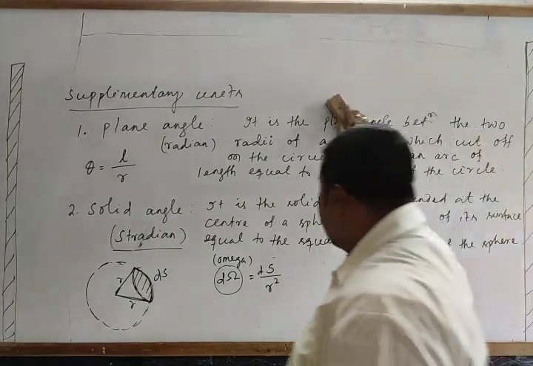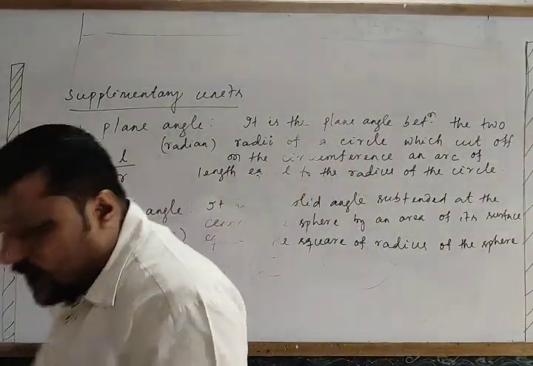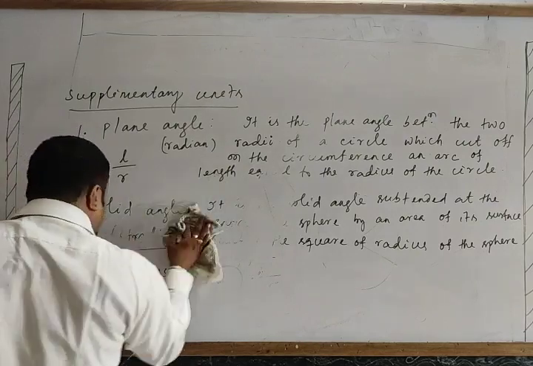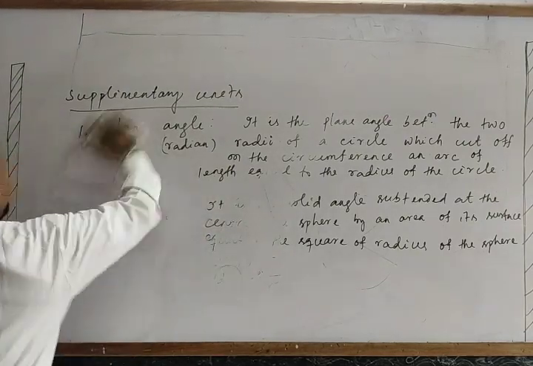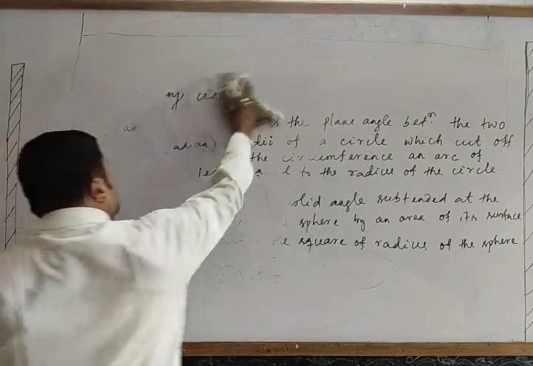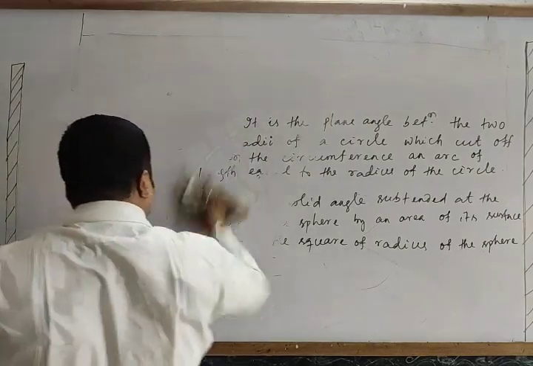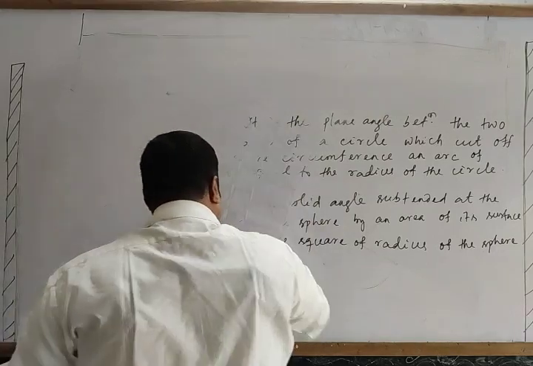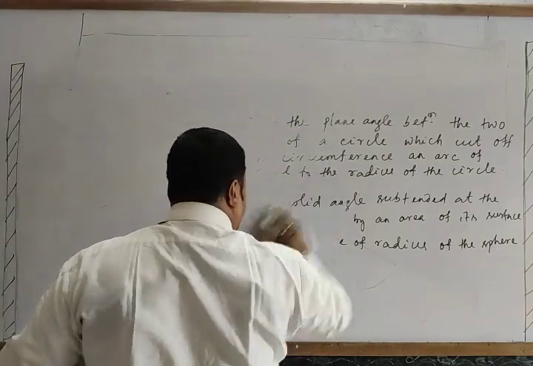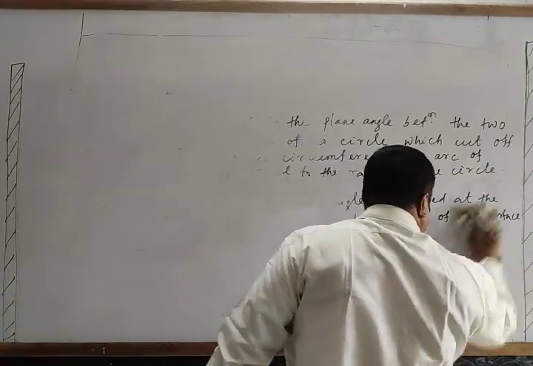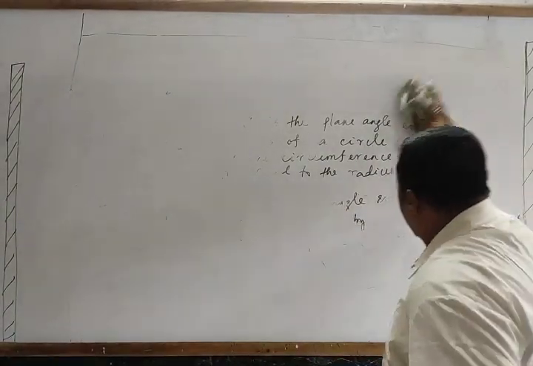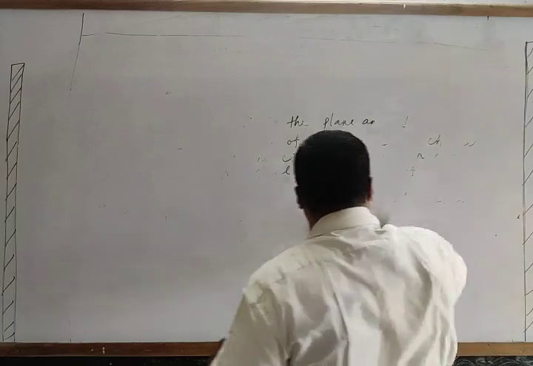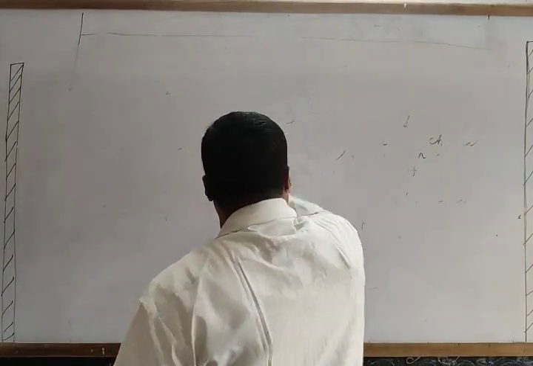Clear? Now we go to the SI system. I have already told you that the SI system is an internationally adopted system, and nowadays we are using the SI system of units. What are the advantages of using this SI system of units?